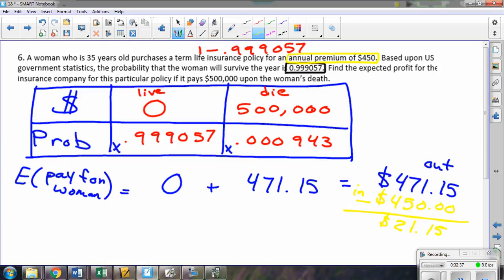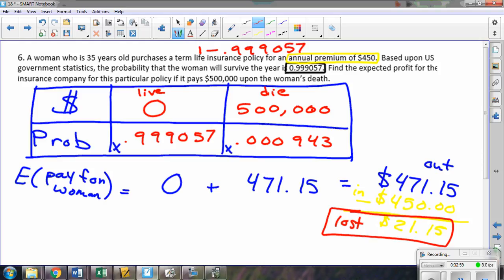Well, the simplest accounting of all tells us that you have lost $21.15 from the perspective of the insurance agency. Which, by the way, insurance companies never operate this way. They would go out of business.